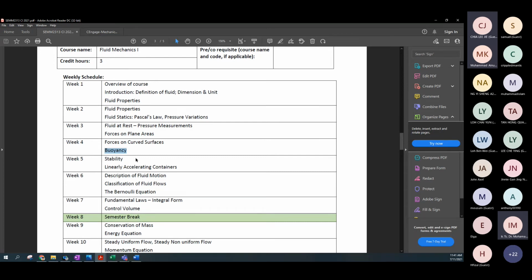You must differentiate in the question: where is C? C refers to the centroid of the displaced volume. G refers to the centroid of the body.